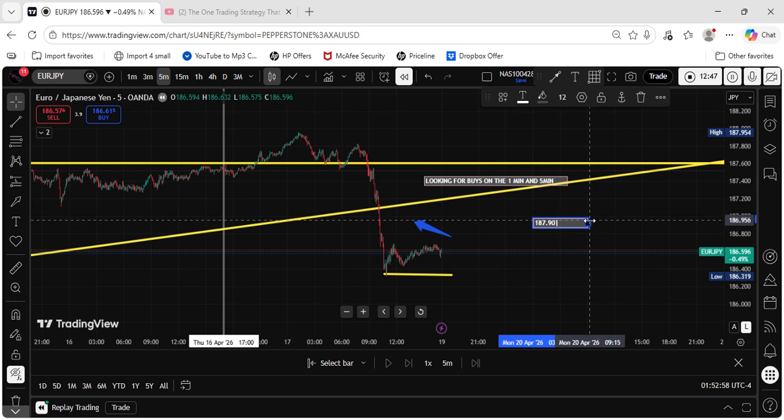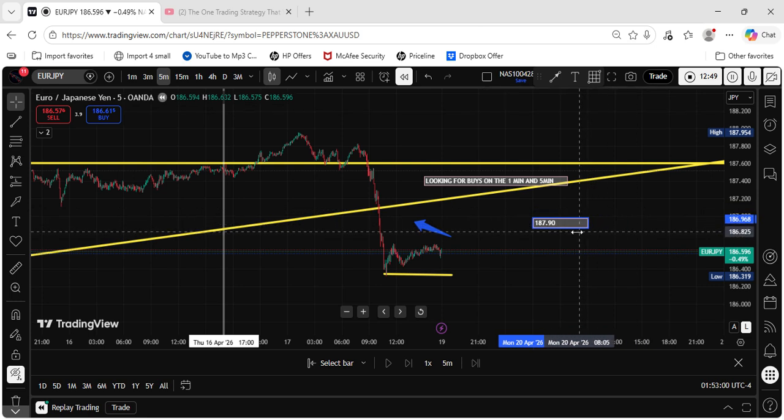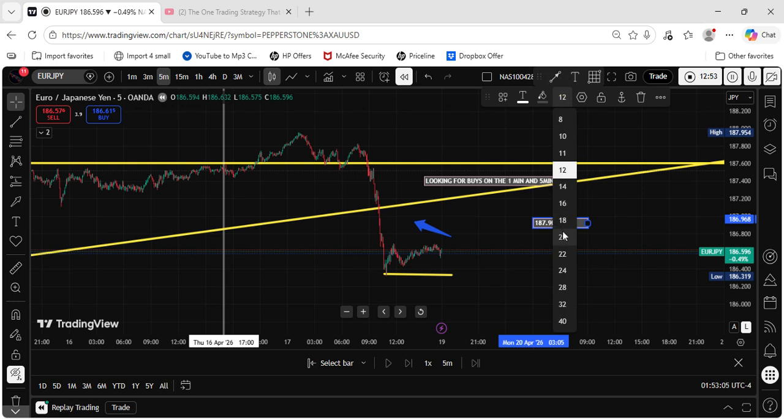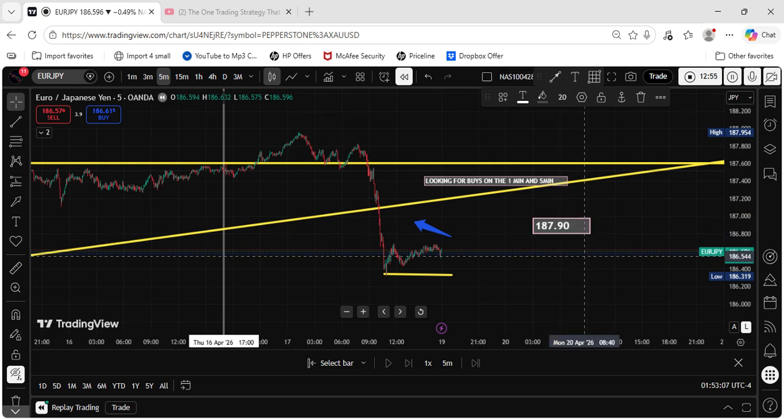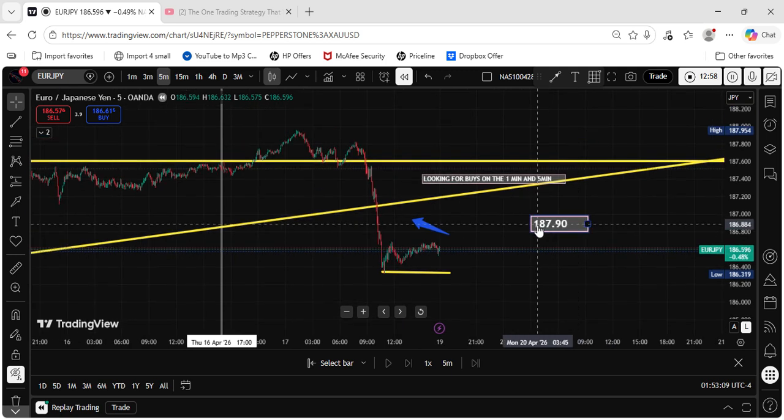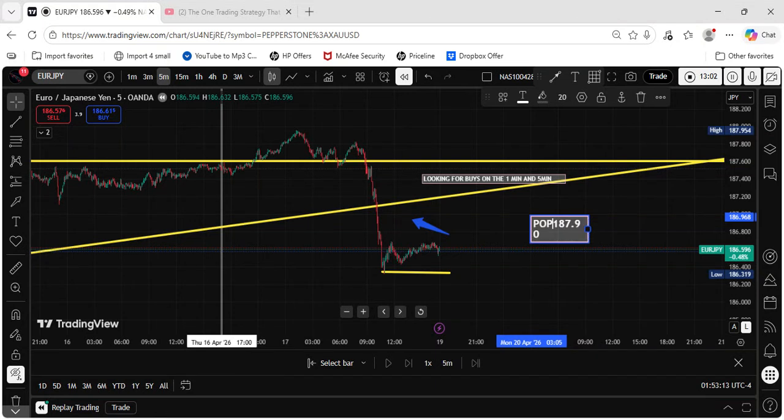This is what I want. We're gonna put TP. Actually, we ain't gonna put TP. We gonna put pop.